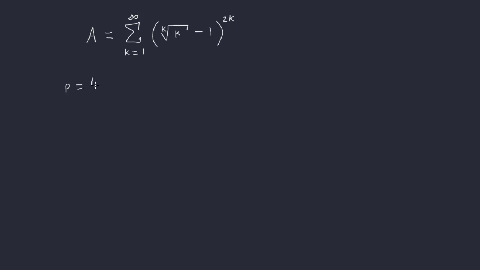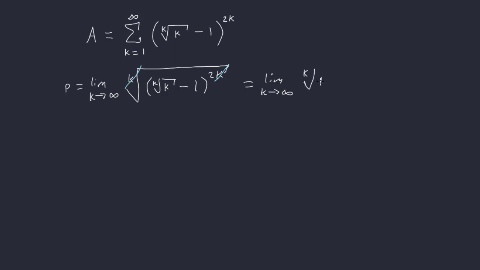So I'm going to take rho, and I'm going to look at the limit as k goes to infinity of the kth root of this thing, minus 1 to the 2k, and the kth root cancels with just the k, and so this is the limit as k goes to infinity of the kth root of k minus 1.